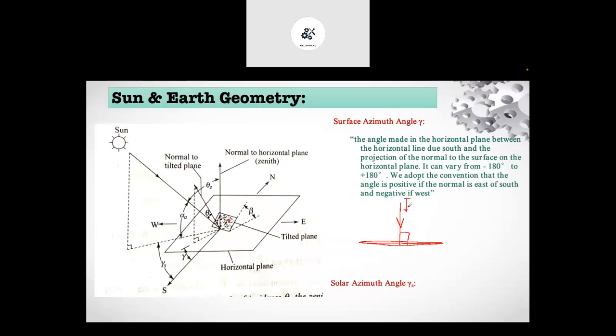If the radiation received by that particular surface has some angle which is less than 90 degrees, or if it is not perpendicular, then the intensity of the radiation is going to decrease.